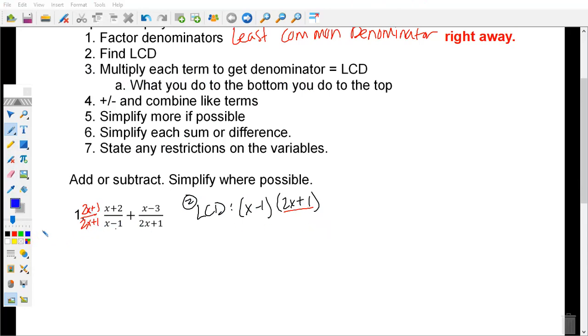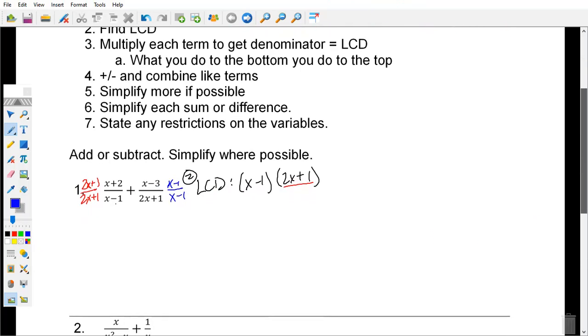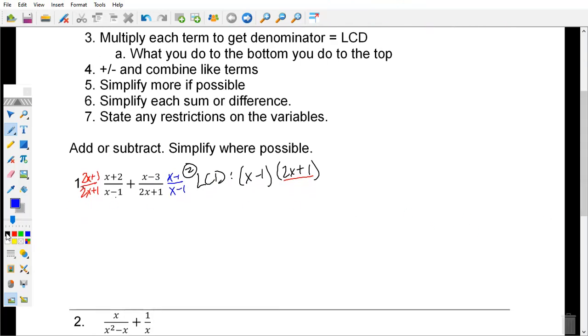Then you're asking yourself, what is the second fraction missing in order for it to have a common denominator? x minus 1. So I'm going to multiply the top and bottom by x minus 1. What this allows you to do is combine the fractions by giving them one common denominator. So now our common denominator is x minus 1 times 2x plus 1.